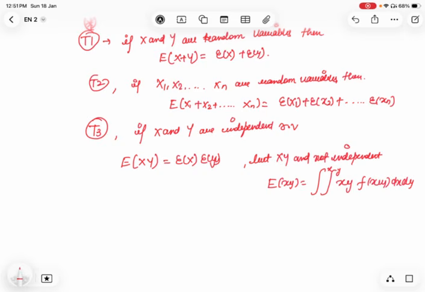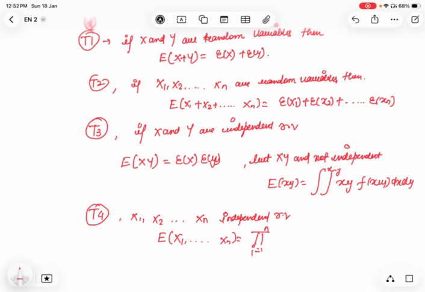Okay. Same. This is third: if x1, x2, up to xn are independent random variables, then the expectation of x1 to xn is equal to the multiplication of all the individual expectations of xi. Okay.